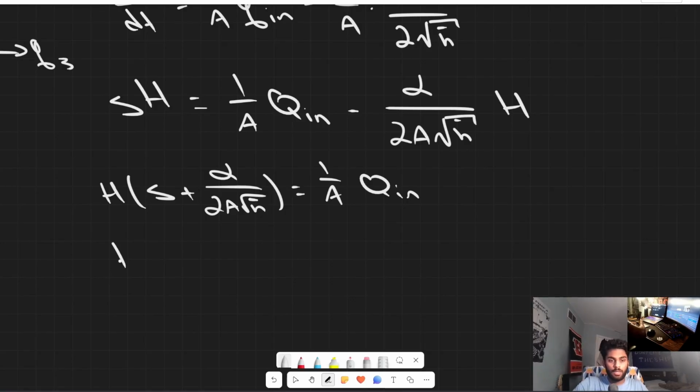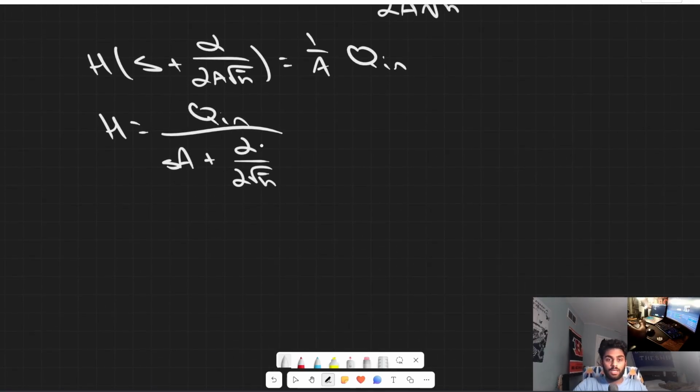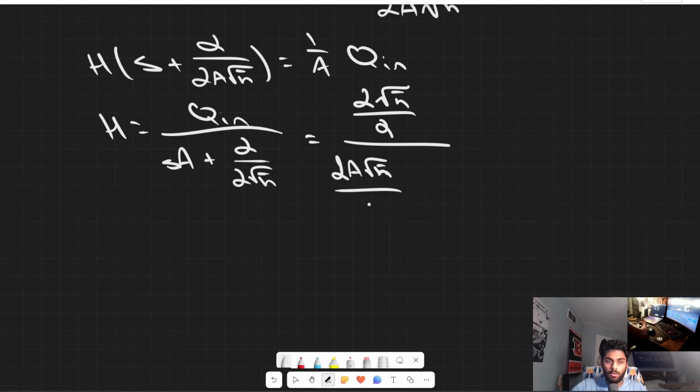Divide over, so now we get H equals Q in over a times s plus alpha over 2a root h bar. Then I'll divide each of the terms on the top and bottom by alpha over 2 root h bar. That gives me 2 root h bar over alpha, over 2a root h bar over alpha times s plus 1.